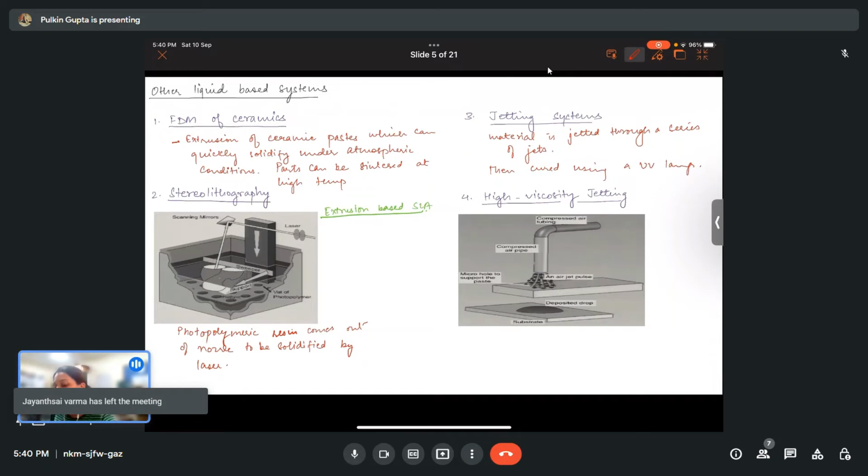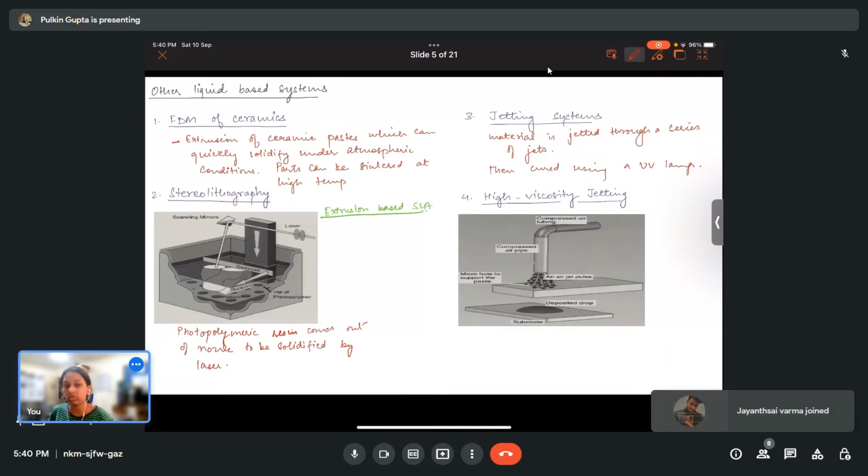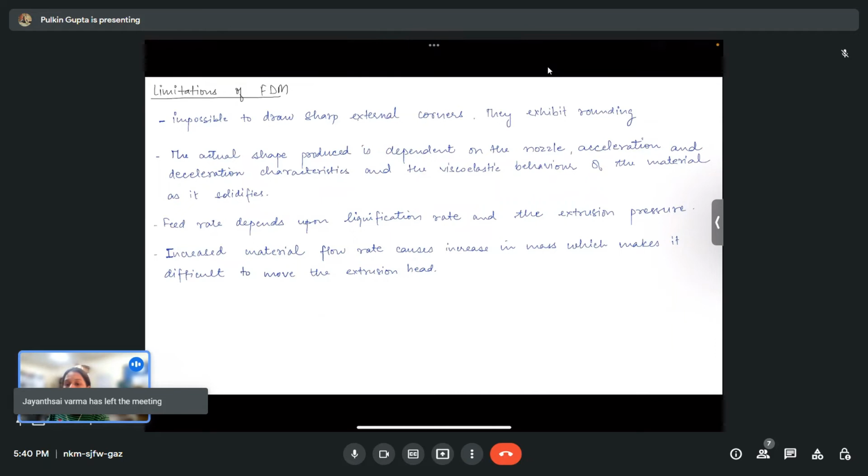And then we have high viscosity jetting, which is basically the jetting technique only, but the material is at a very high viscosity.